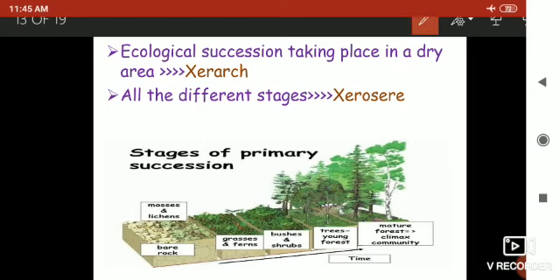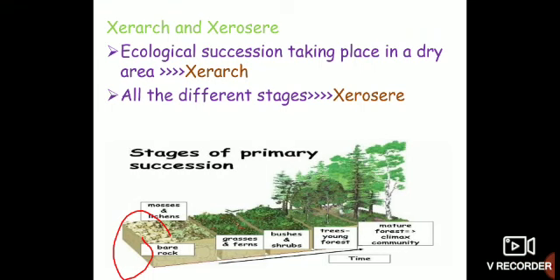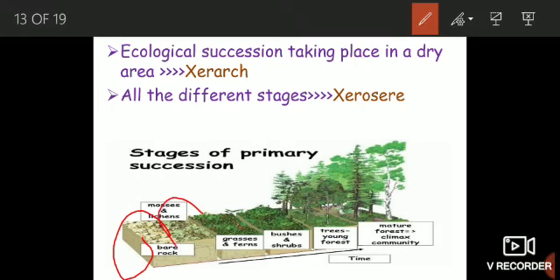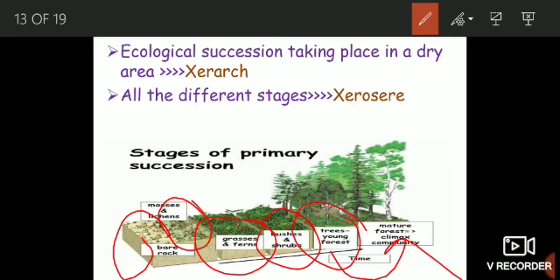You have first of all a bare rock, and this bare rock is at the outset colonized by mosses and lichens, then you have grasses and ferns, then bushes and shrubs, and finally young trees, which are ultimately represented by the mature forest trees that form the mature community or climax community.